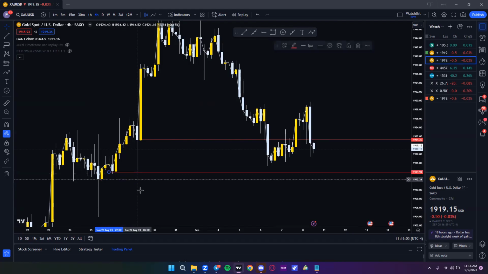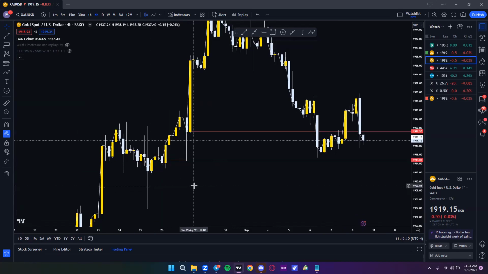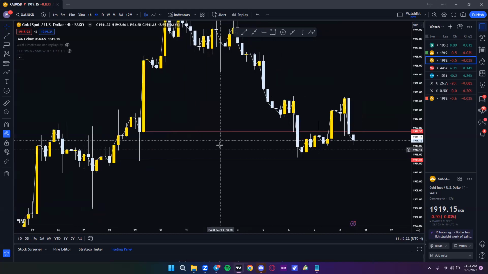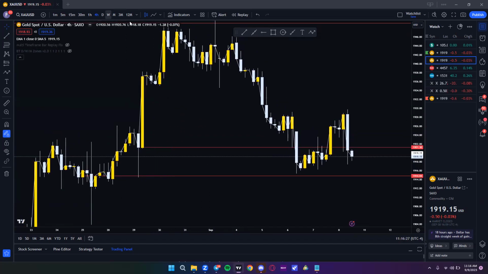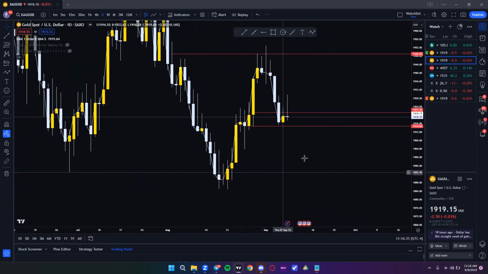Because if you begin to use all the SNR levels, you will get reactions from those levels, but the way to filter them, I think, is completely skipping them and only focusing on the DLs. And when we use the market flow system with monthly, weekly, daily, we'll be able to say, okay, monthly is bearish, weekly is bearish, daily is bullish.